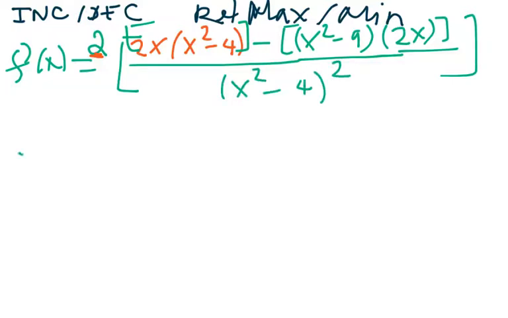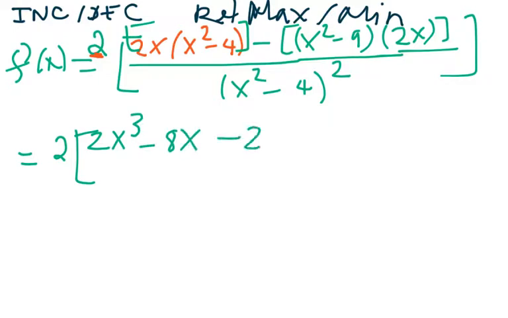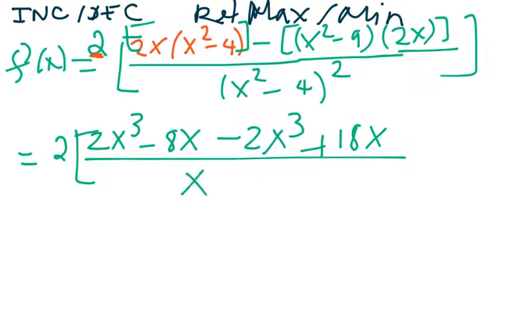Okay, if we simplify, the 2 is still outside. If I multiply it in, it's going to be 2x cubed minus 8x, minus 2x cubed plus 18x. So I'm simplifying the numerator, over x squared minus 4 to the second power.